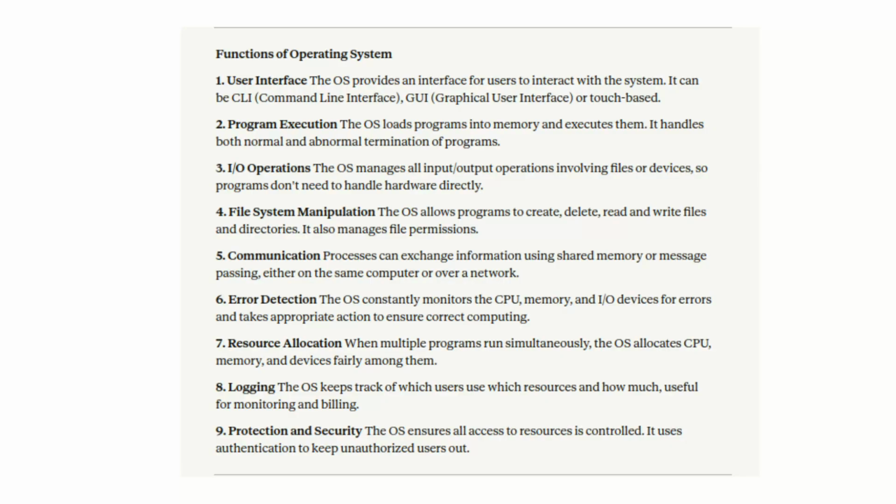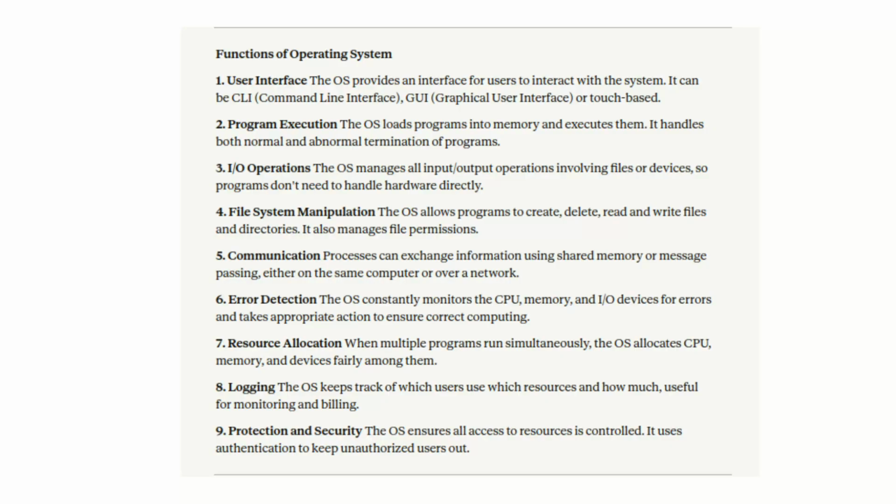Now IO operation means what? The OS manages all the input output operations involving files or devices, so programs don't need to handle hardware directly. The OS can manage both input and output operations involving files or devices.